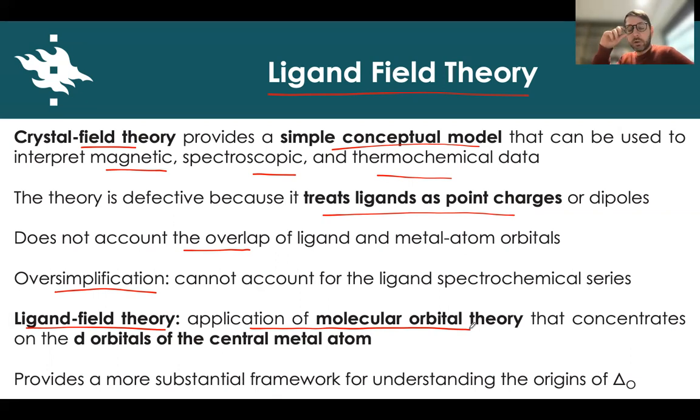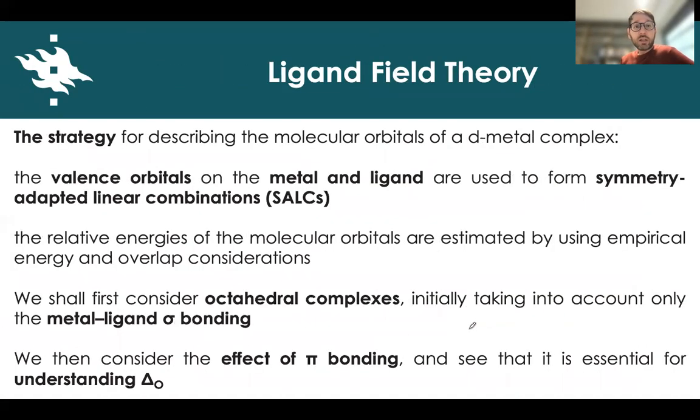And this, therefore, provides a more complete framework to understand the ligand field splitting parameters. So in the ligand field theory, the strategy here is to describe the molecular orbitals of a d metal complex by considering the valence orbitals on the metal and on the ligand.